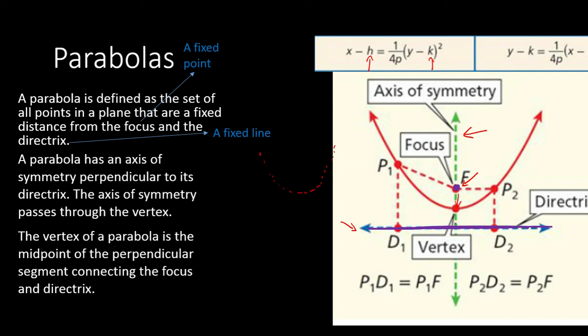Perpendicular means a right angle, so if I looked at a perpendicular segment, I'd make a right angle with my line. And you can see that this line right here is perpendicular to the directrix, and it connects the focus to the directrix. Okay, so they're just saying that the midpoint of this is the vertex. The vertex is halfway between this line here and this focus. So halfway between the directrix and the focus.